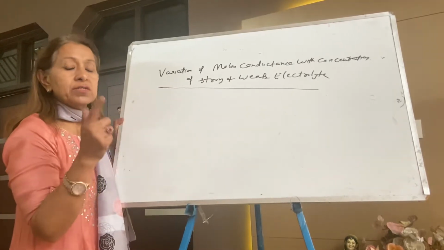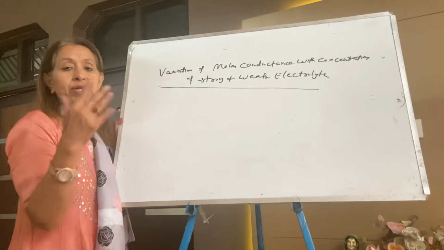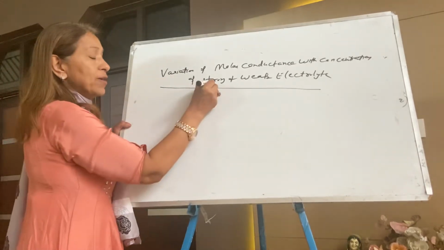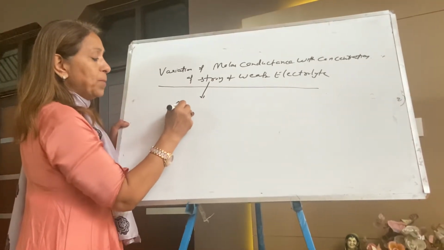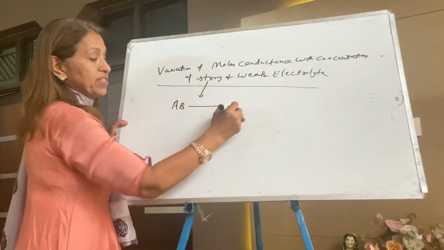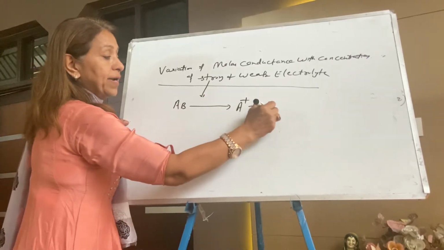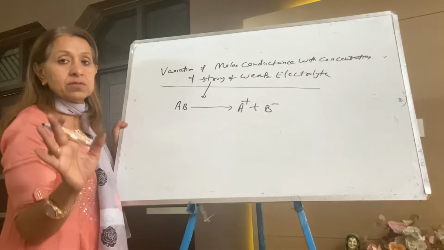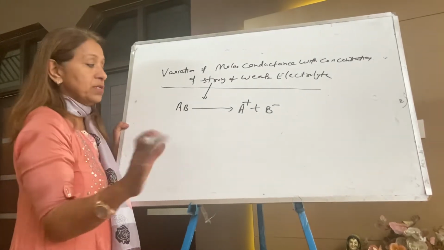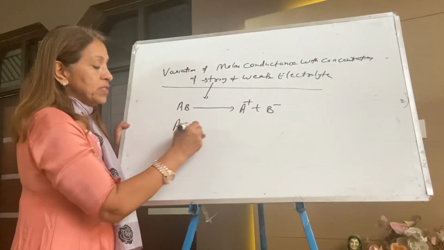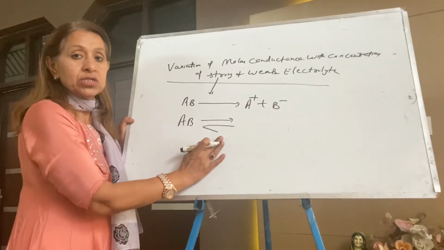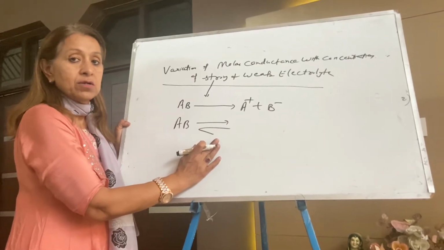First I am taking what is a strong and what is a weak electrolyte before taking the graph. Strong electrolyte is that which completely dissociates, 100% remember, into ions. And a weak electrolyte is that which partially dissociates, just 4-5%.